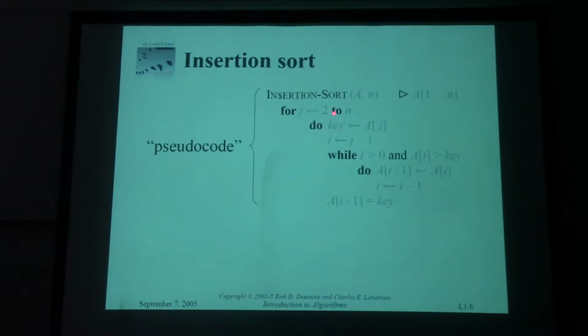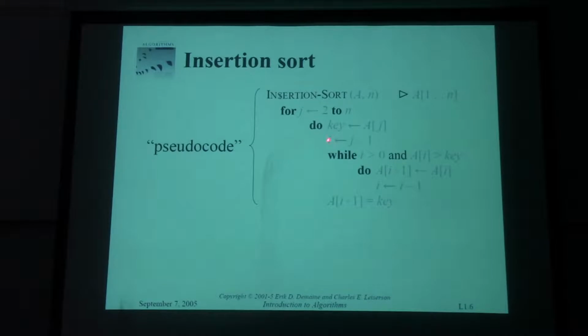So that means we're going to have j equal to 2. When j is equal to 2, I will take the value from the array at the index j, and I'm going to put it into key. And then I'm going to say i is going to equal j minus 1. What's the value of j? 2.